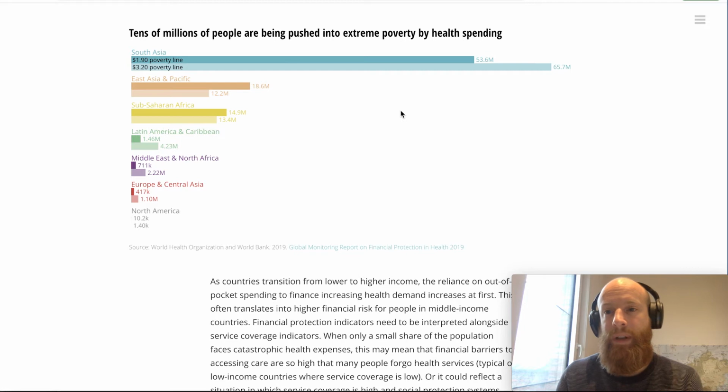You have a lot of people that are pushed into poverty just because they needed to have access to some kind of health service. So health is not all about humans and their body and the healthcare system. It is also interwoven into the bigger social and economic system. So it also has a social dimension.